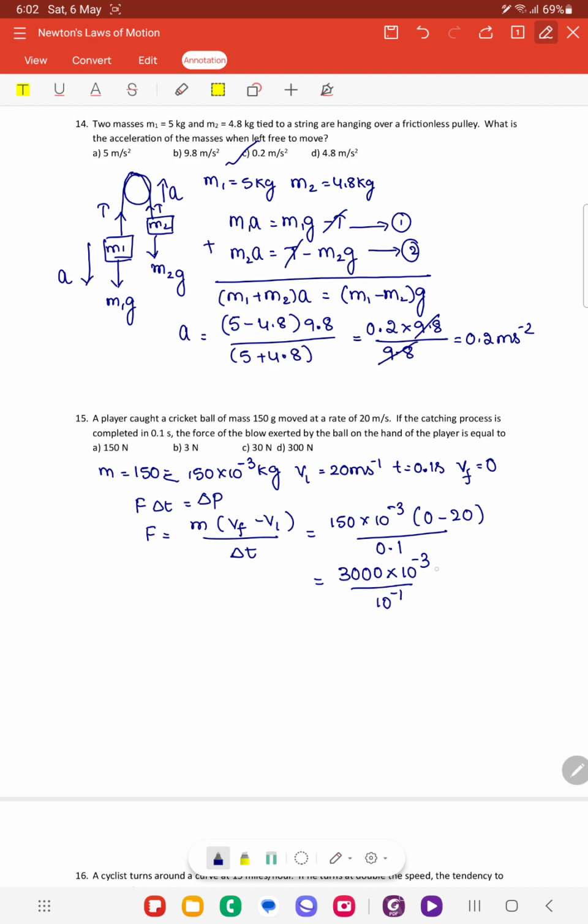So when it goes to the numerator, it becomes plus 1. So we can write this as 3000 into 10 raised to minus 2, which is nothing but 30 Newton. So the magnitude of the force is 30 Newton. So option C is the right answer.